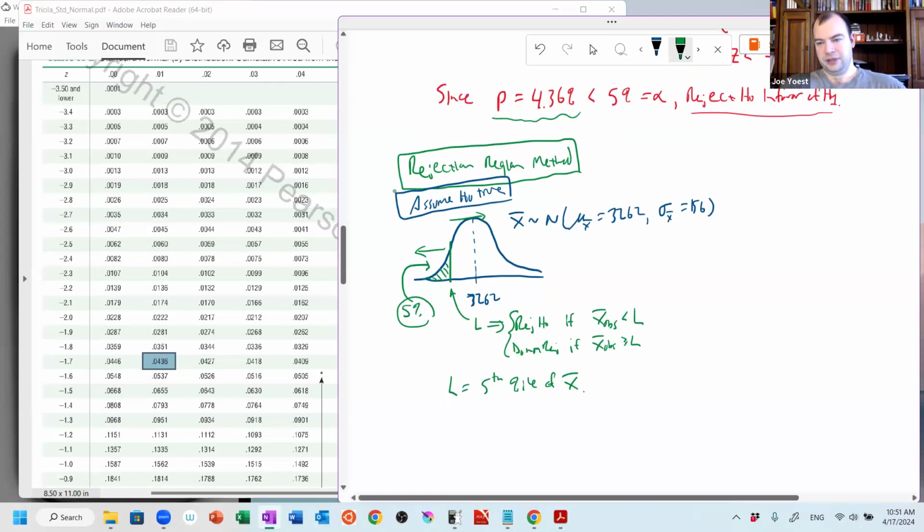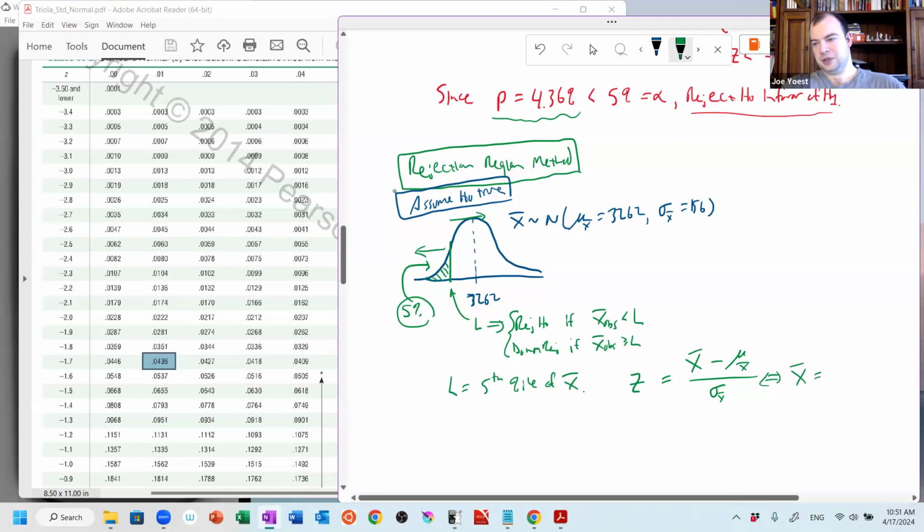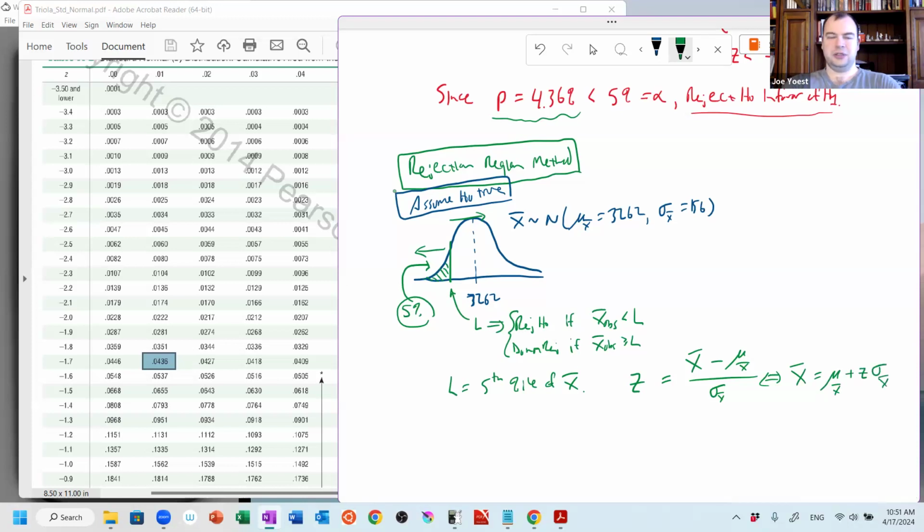I know that I have a relation Z equals X bar minus mu X bar over sigma X bar, or that X bar equals mu X bar plus Z sigma X bar. Again, these calculations should look very similar from the confidence interval section, right? Point estimate plus Z times standard error. That was our confidence interval formula. Very similar ideas here.